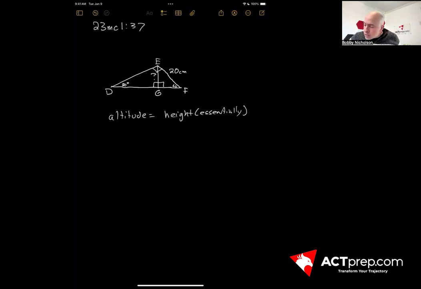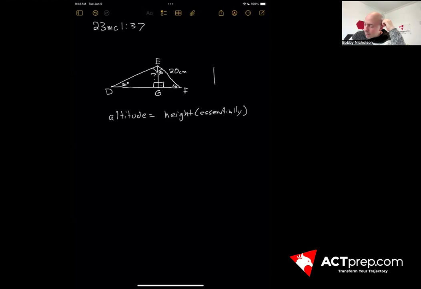And since the bigger triangle is the 30, 60, 90 triangle, we also know that this smaller triangle is a 30, 60, 90 triangle because we have that angle being 60. We know that this angle is 90, which only leaves 30 remaining.